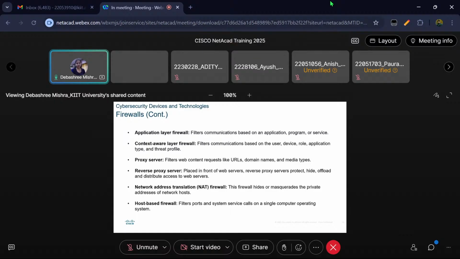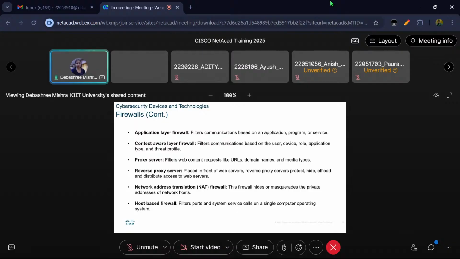Next is your proxy server. It filters the contents of the URL, the domain that you are using, or any media types that you are using. Next is your reverse proxy server. In this one, the websites and the reverse proxy are taken into consideration. Next is your NAT firewall.